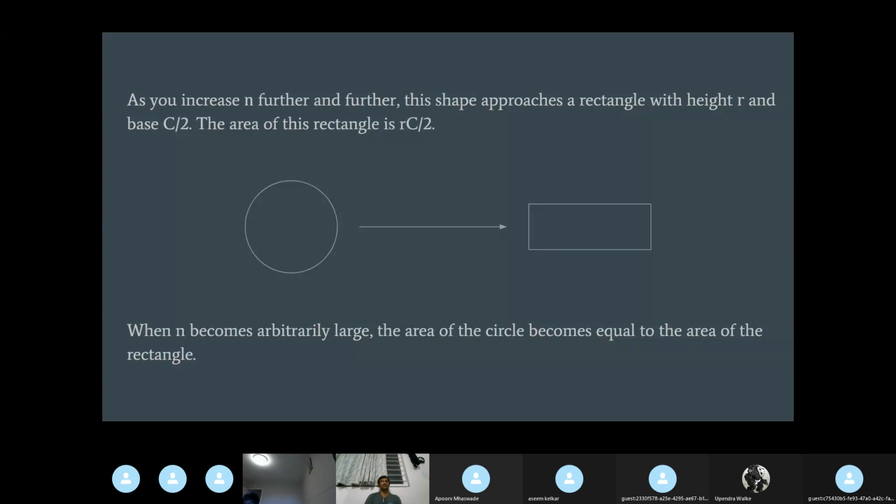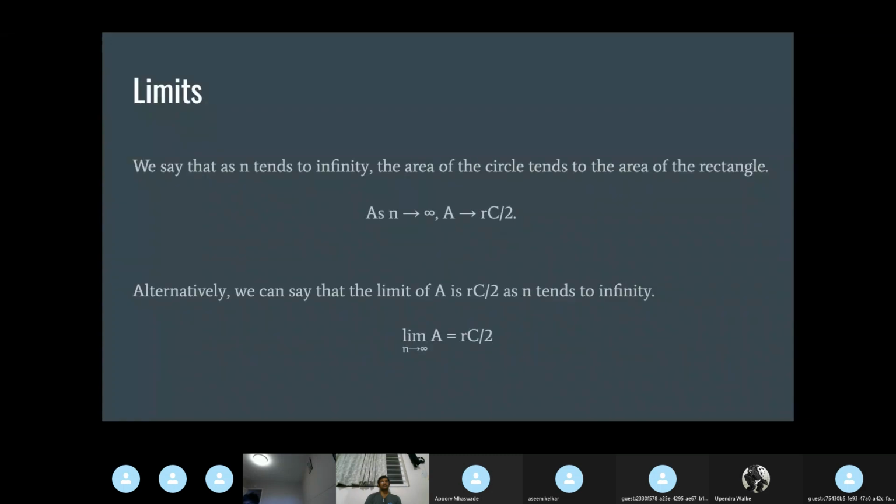This is just a way to formally say that. We say that as n tends to infinity, where n is the number of sectors in the circle, the area tends to πr²/2.